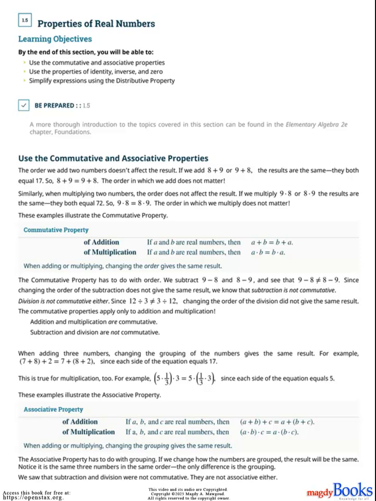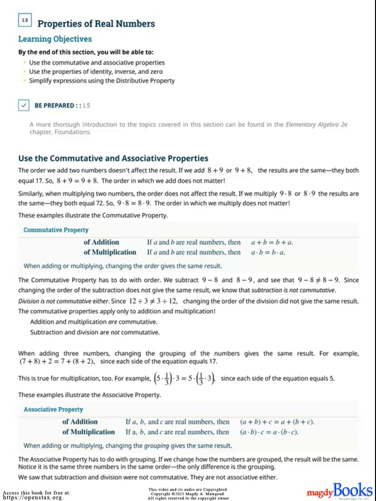Associative property. A. Of addition. If a, b, and c are real numbers, then (a plus b) plus c equals a plus (b plus c).